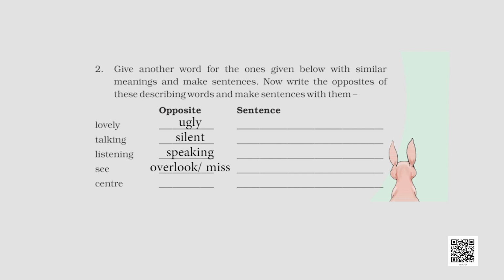Yes, it can be inside. Think of the opposite of inside or center. It can be outside or edge. Okay, let's move to the next. Now you have got all these words, lovely, talking, listening, see, center, their opposite words. You have to make sentences with these words as homework.